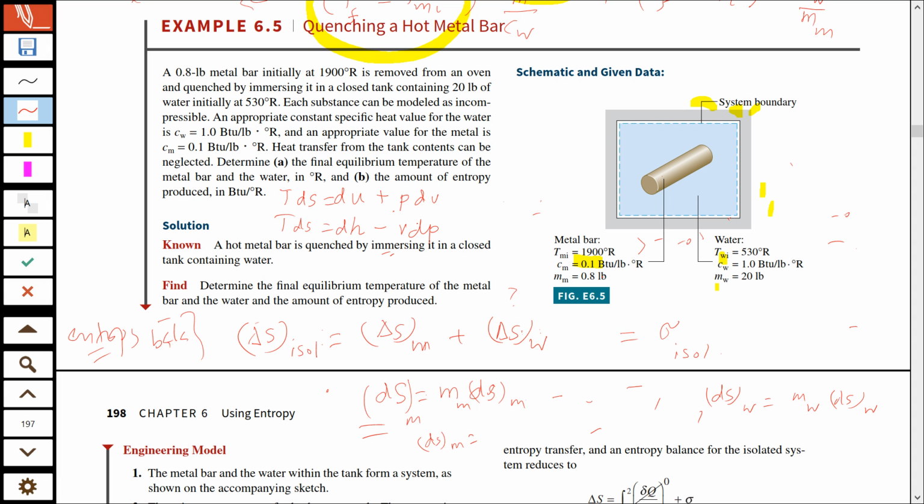If they are incompressible, which of these two equations is useful for this problem? Can somebody tell me? I have two equations, and why do I start with these two equations? Because I need the change in entropy.